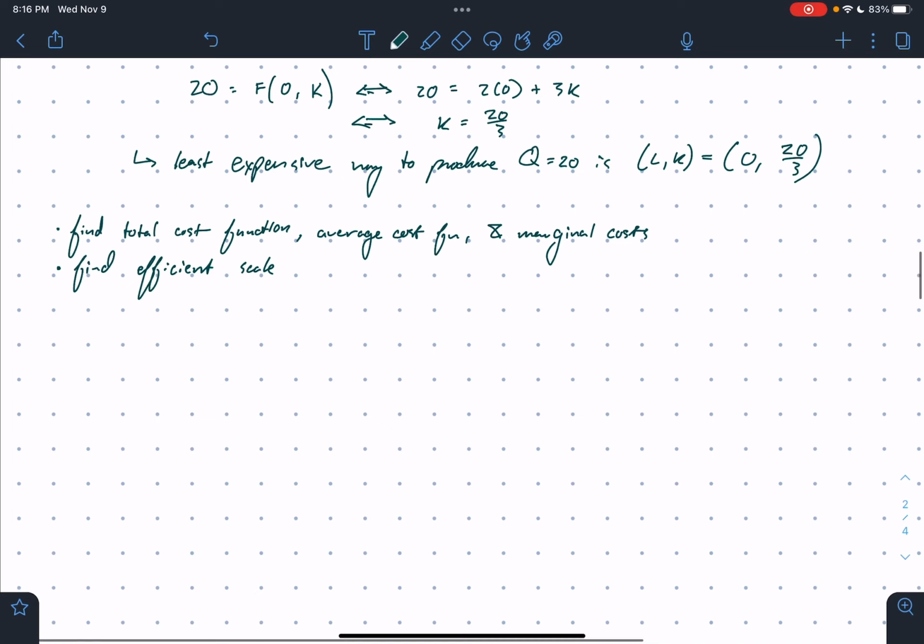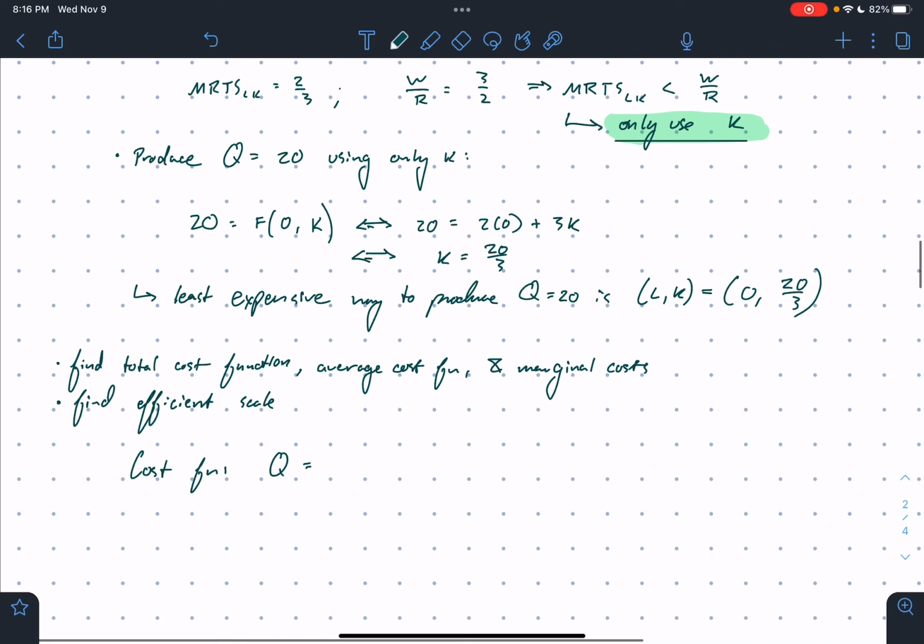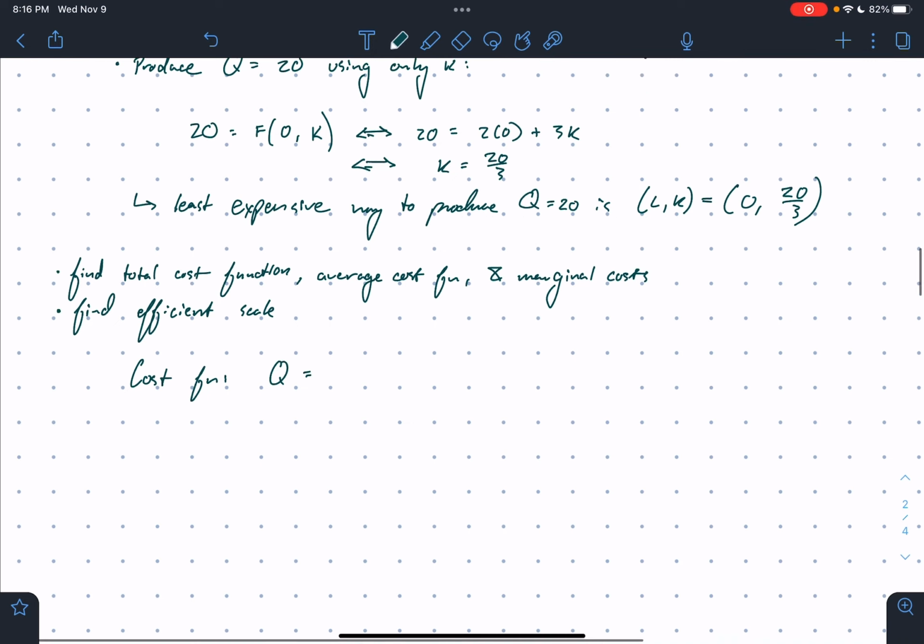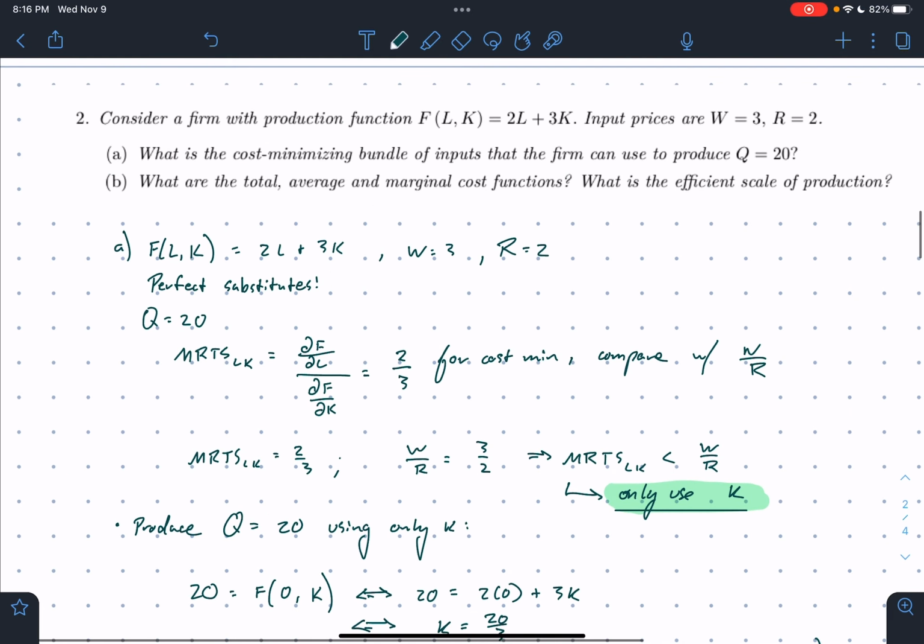So what we need to do to find the cost function is produce Q, and find the cheapest way to produce this level of output Q. Now we know that the prices are still going to be 3 and 2.